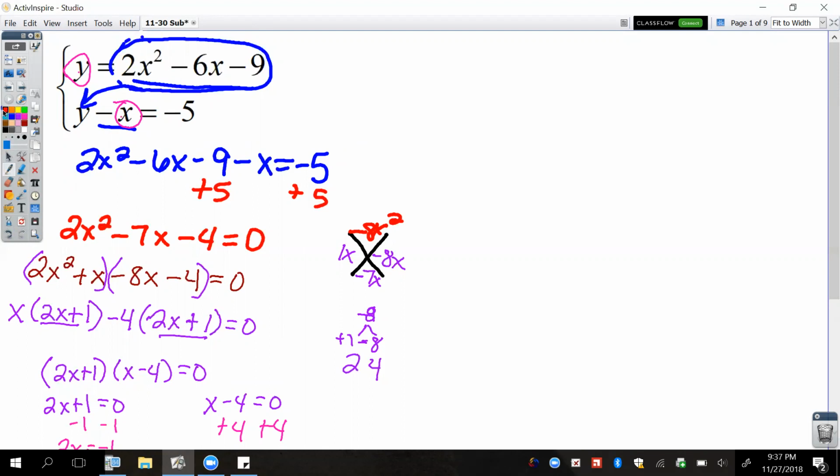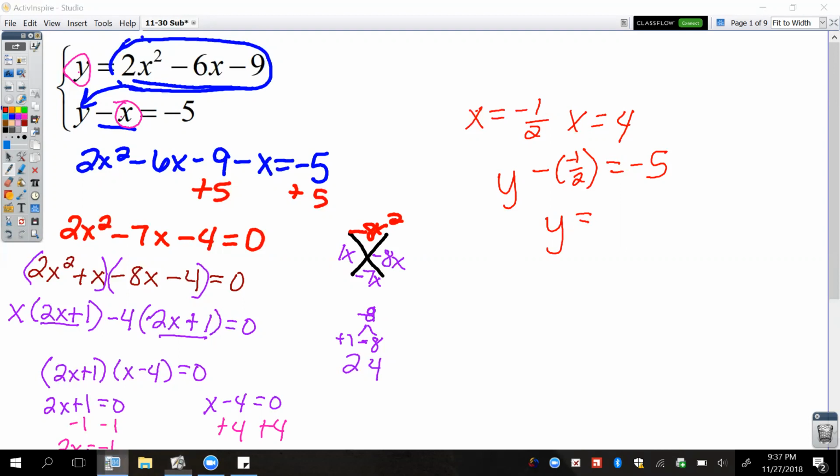Remember, my two solutions were x equals negative 1/2 and x equals 4. I'm going to plug both those in to find my y value. For the first one, I've got y minus negative 1/2 equals negative 5. So y equals, and you can plug that in your calculator. This is a positive 1/2, which means I'm going to subtract it over.